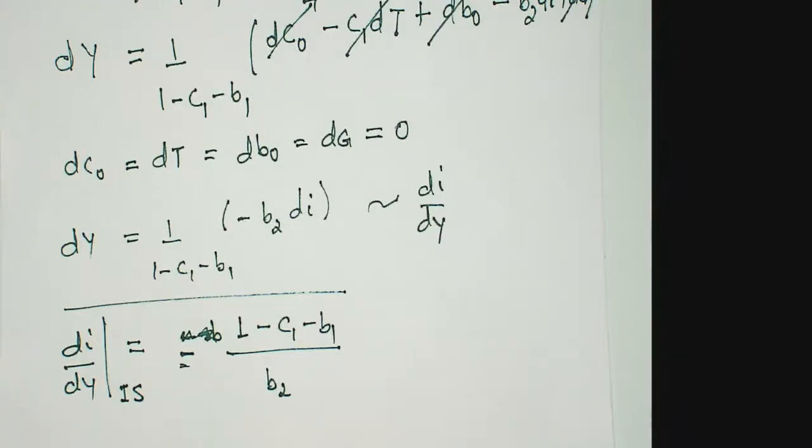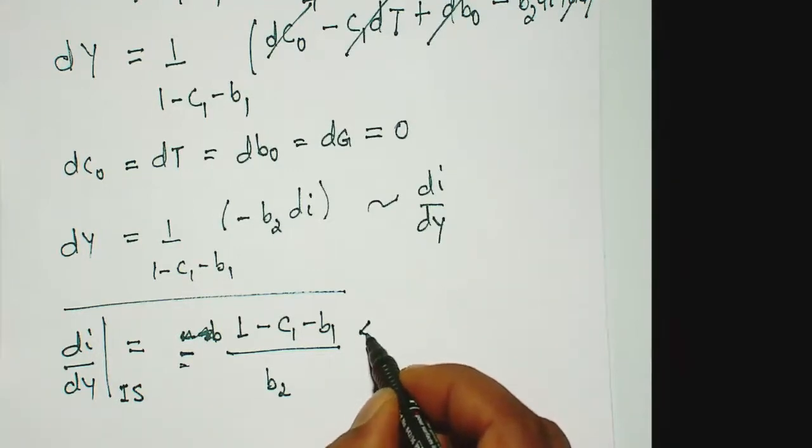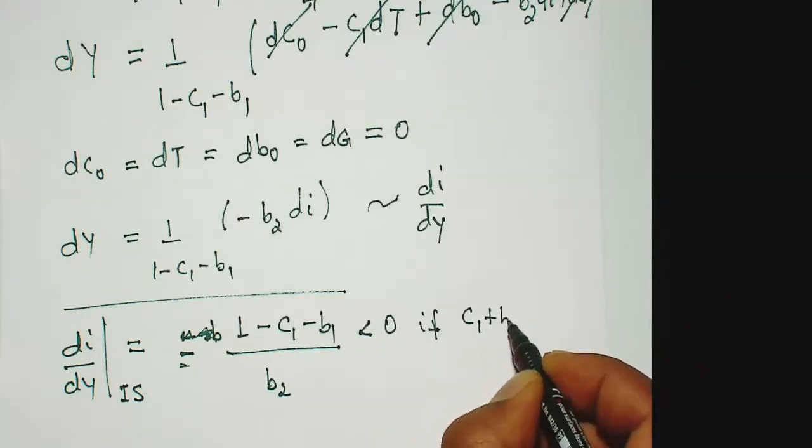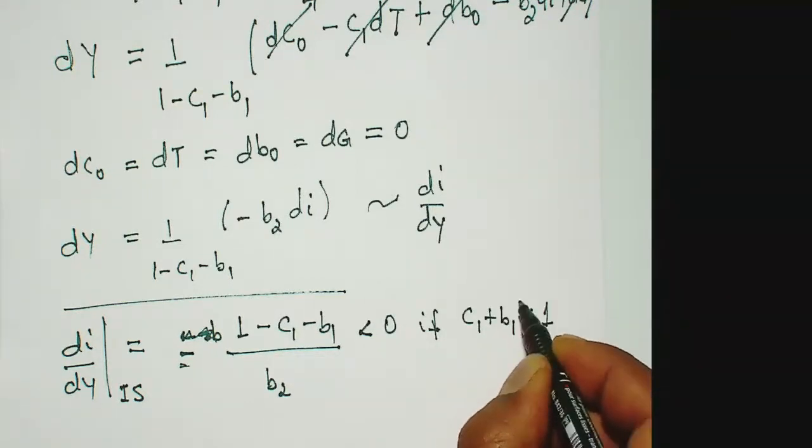This negative term indicates the slope should be less than 0 if and only if C1 plus B1 is less than 1.